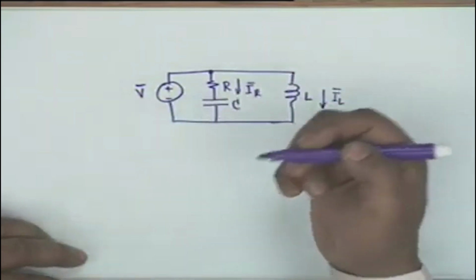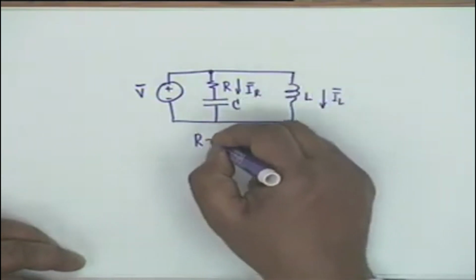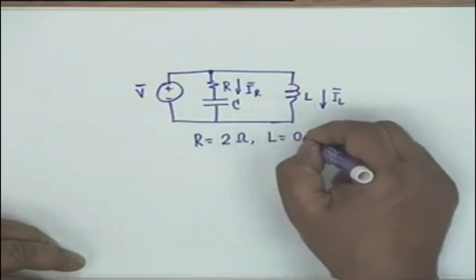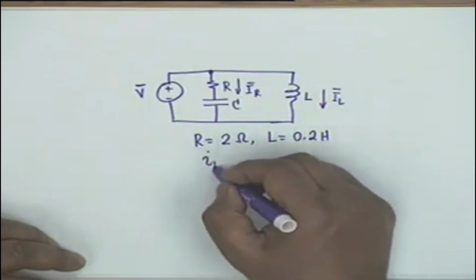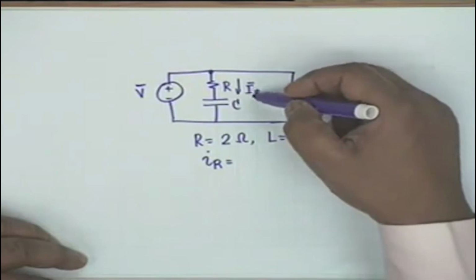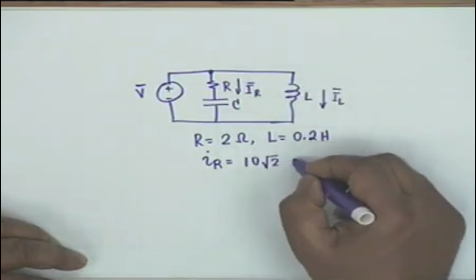It is given that R equal to 2 ohms, L equal to 0.2 Henry, and it is also given that IR, that is the actual current through the resistance, is given by 10 root 2 cosine of 10t plus 45.